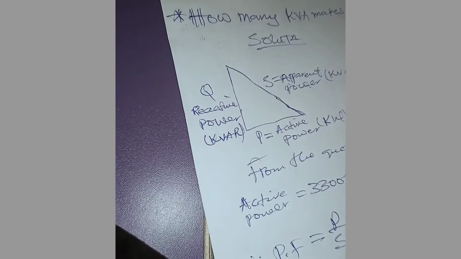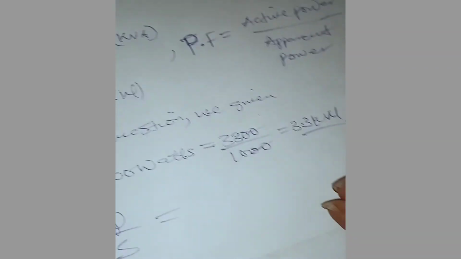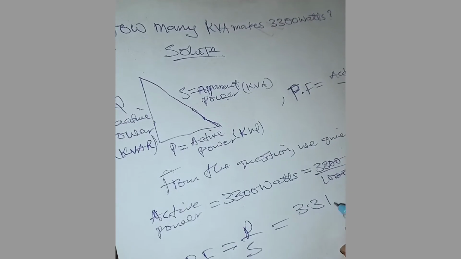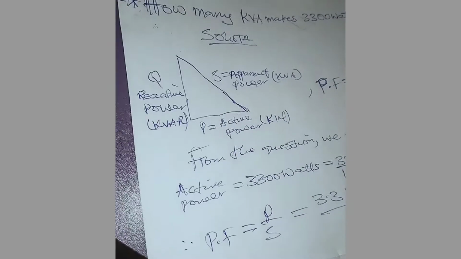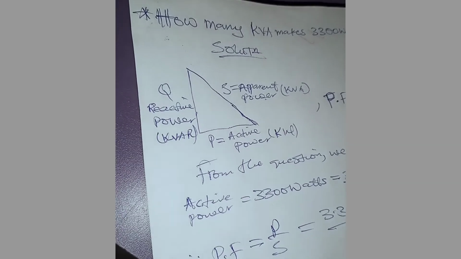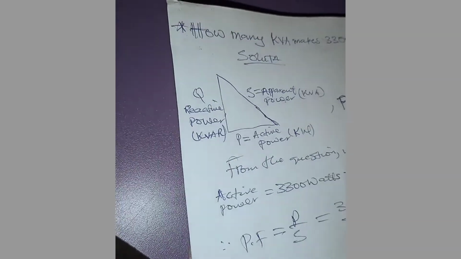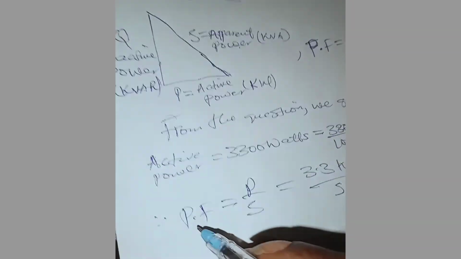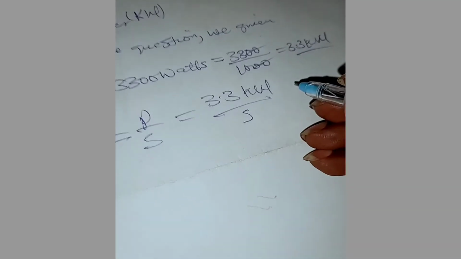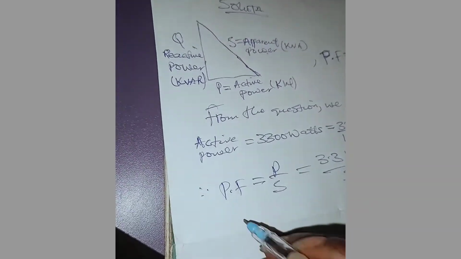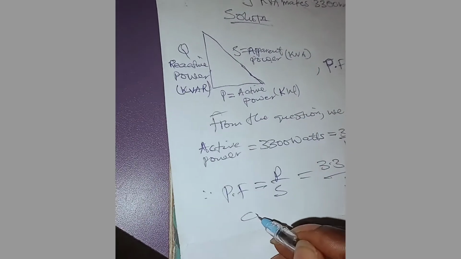Therefore here we have power factor equal to P over S. What's our P? Our P is now calculated to be 3.3 in kilowatts over our S that we are asked to calculate. So what's our power factor? I said we should assume that it is 0.8. Therefore we are going to cross multiply.